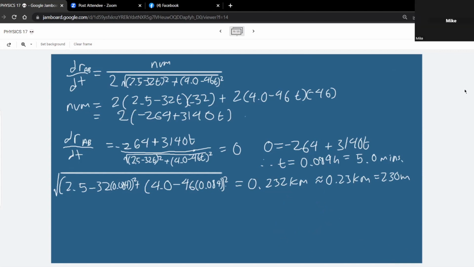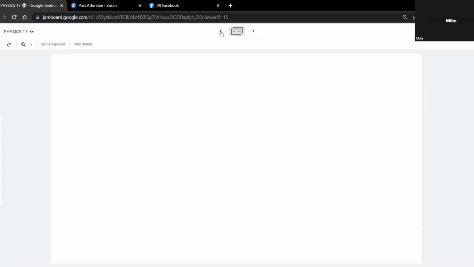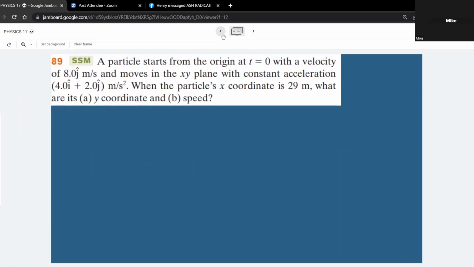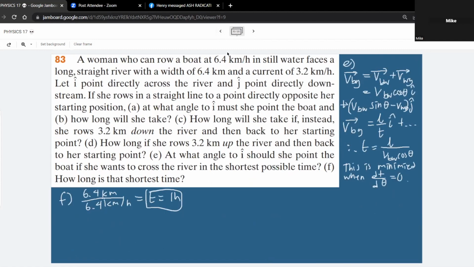Ngayon, check ko yung sa next. So, gawa na itong number na to. Let's go to the next number, yung 83, yung additional problems. And then let's, faces a long straight river and a current of 3.2 kilometers per hour.